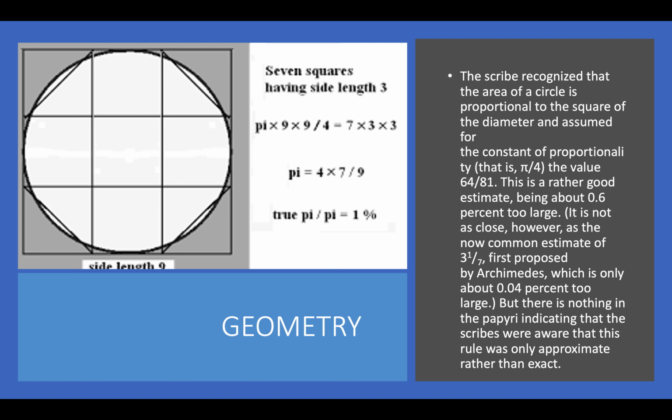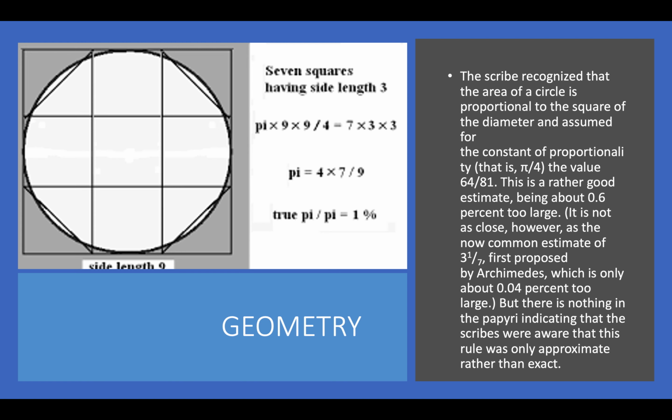It is not as close, however, as the now common estimate of 3 1/7, first proposed by Archimedes, which is only about 0.04% too large. But there is nothing in the papyri indicating that the scribes were aware that this rule was only approximate rather than exact.